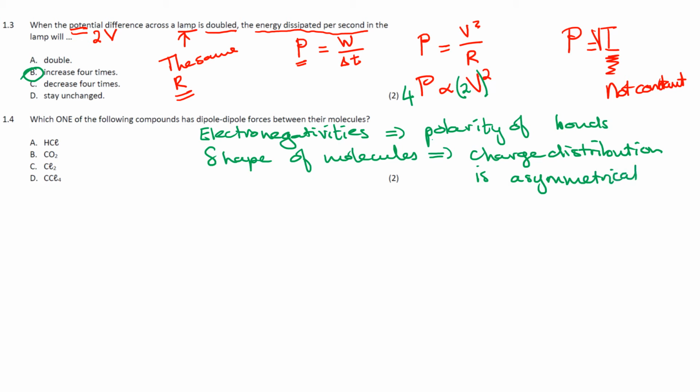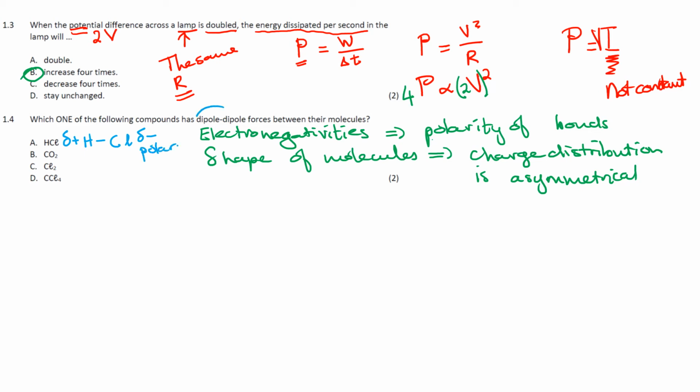Now, the first example there is HCl. If you use the electronegativities on the periodic table, you will discover that chlorine has a greater force of attraction on the shared electrons, and hydrogen will be polarized positively, chlorine will be polarized negatively. So this is a polar molecule.